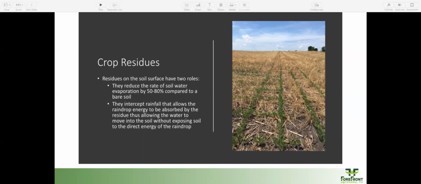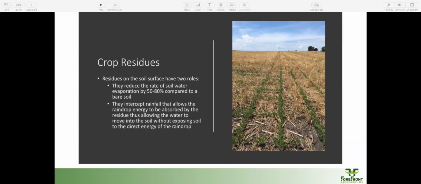One of them is to reduce the evaporation rate by as much as 80% compared to a bare soil. And we've been able to notice this over the years as we've monitored fields in various different situations. And one other thing that they do is they intercept rainfall or irrigation drops.